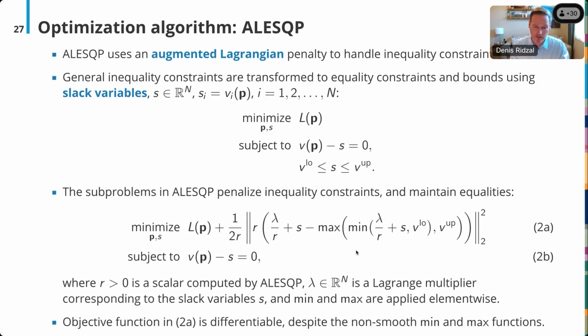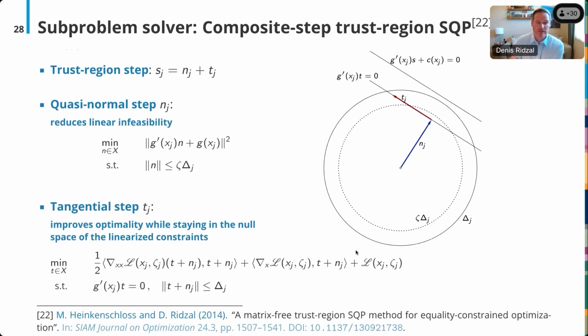All right, so the subproblem solver is a method that I co-developed with Matthias Heinkenschloss some time ago. It's a composite step trust region SQP method. I'm not going to spend a lot of time on it.